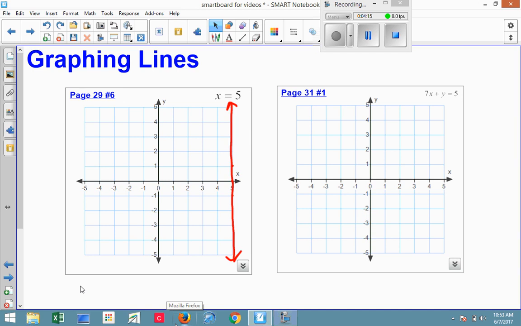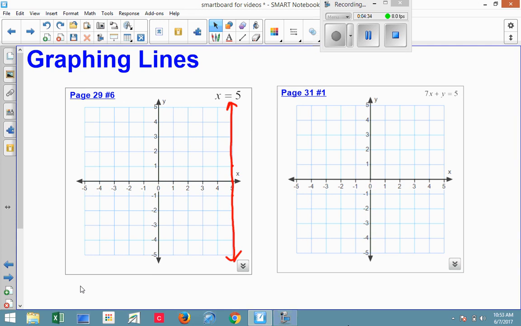Okay, next one. We're going to take a look at page 31, problem number 1. Now, as you can see, this equation is not in slope-intercept form. So before I can start plotting the points, I don't know what the y-intercept is, I don't know what the slope is, so I'm going to get this equation into slope-intercept form.